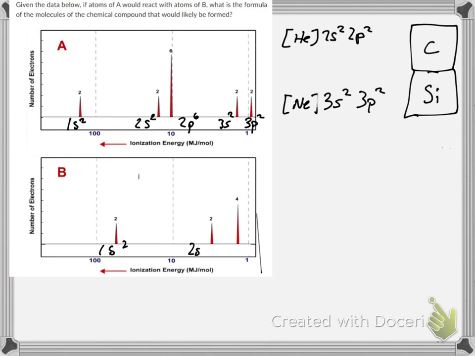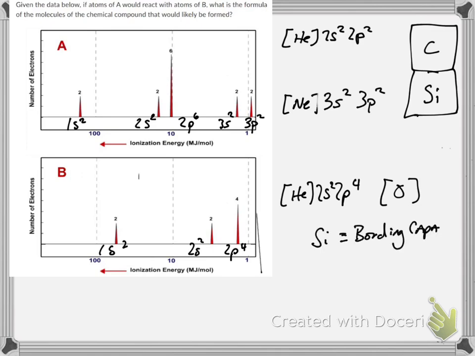So what is it being bonded to? 1s2, 2p4. If we look at that, helium core, 2s2, 2p4, well, that's oxygen. So silicon's bonding capacity is 4. Oxygen's bonding capacity is 2. Clearly 1 oxygen is not going to be able to do it.